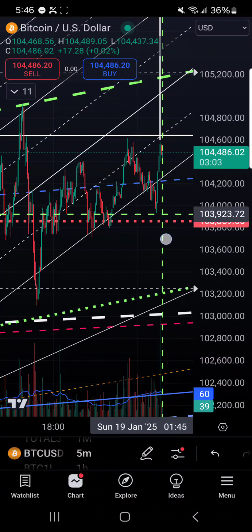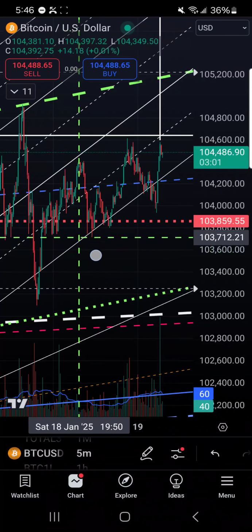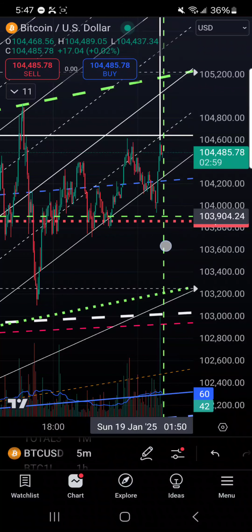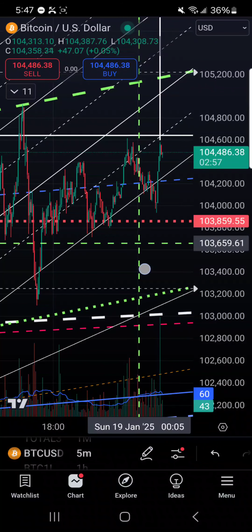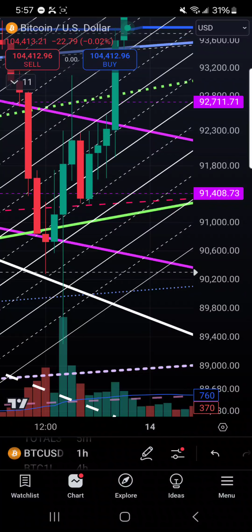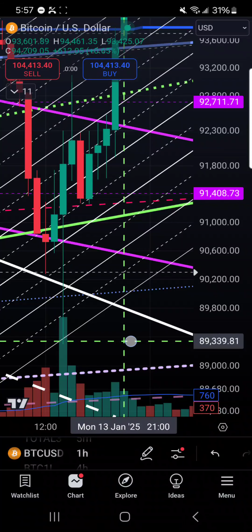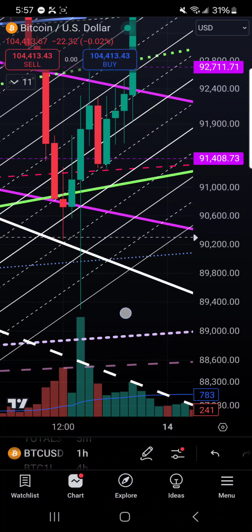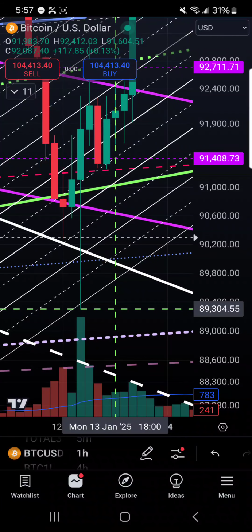So, okay, we did break down out of this channel a little bit, which means let's just clone another channel for the hell of it. So I saw something interesting when forming that triangle. Now we're looking back to where we dumped down to 89.3 it says here.